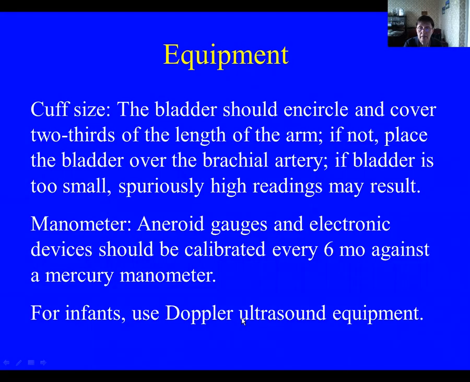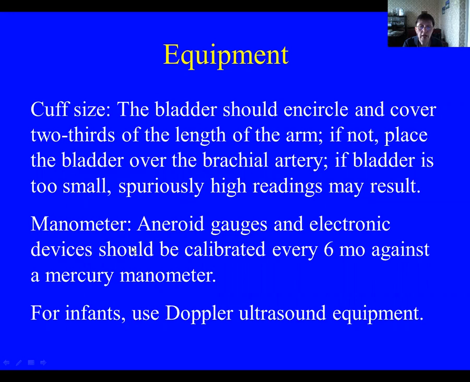Well, next, what about equipment? The cuff size should be appropriate. The bladder should encircle and cover 2/3 of the length of the arm. If not, it should be placed over the brachial artery. If it is too small, you may receive high readings, higher than in reality.